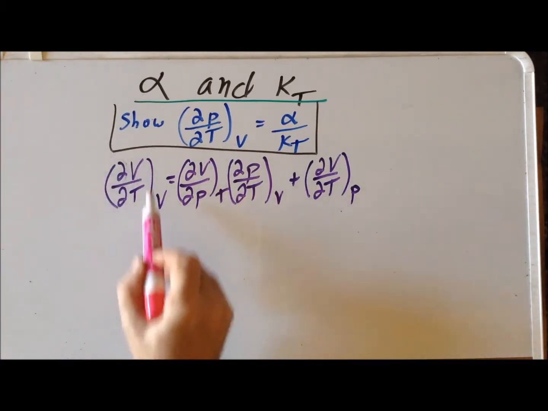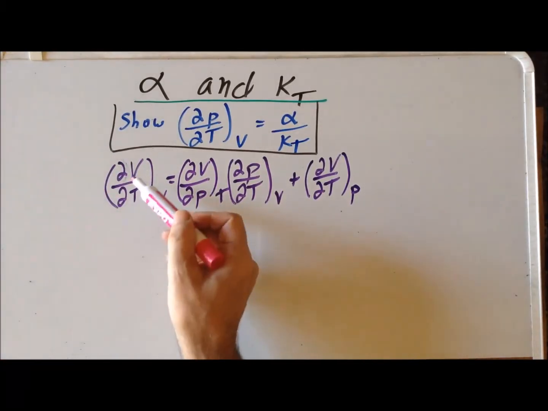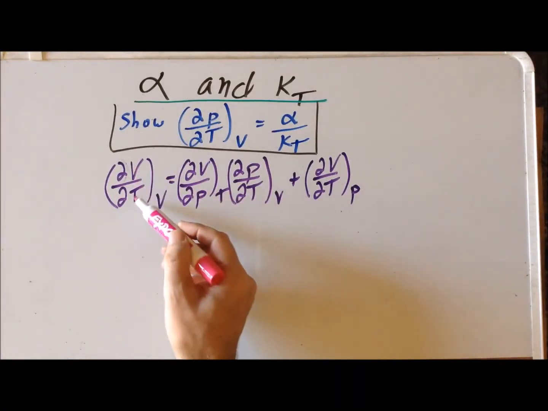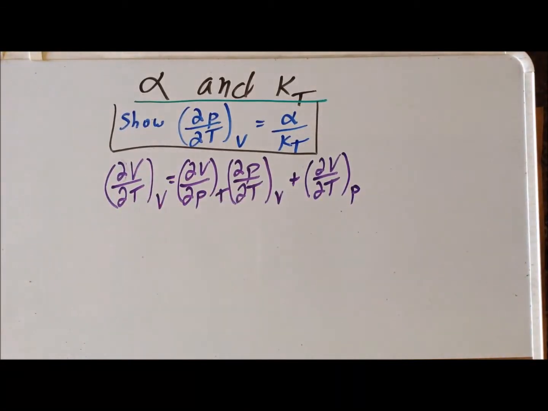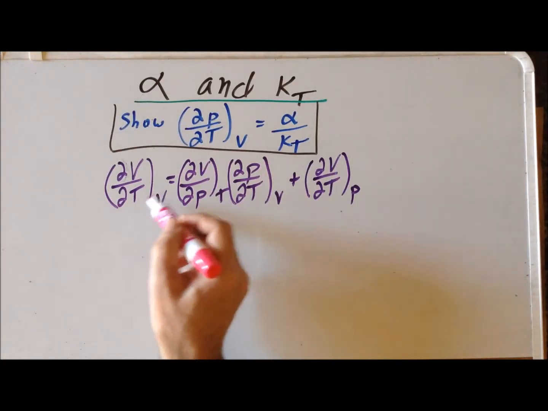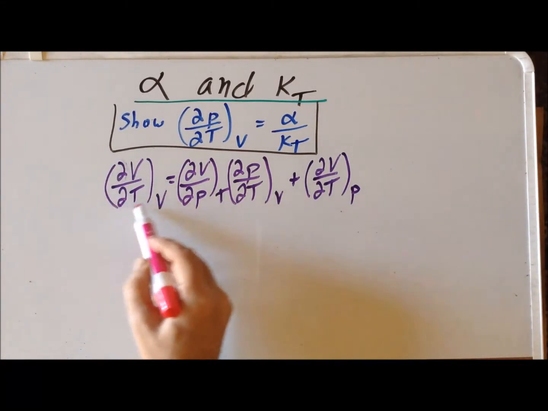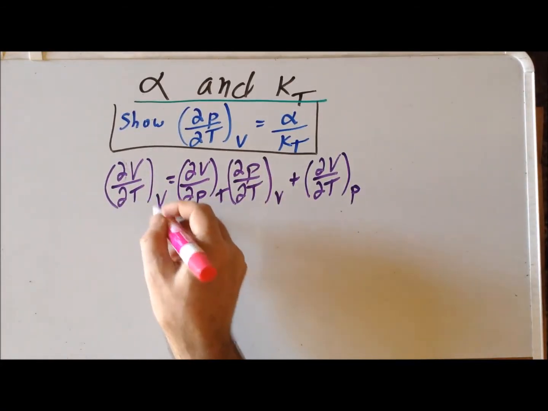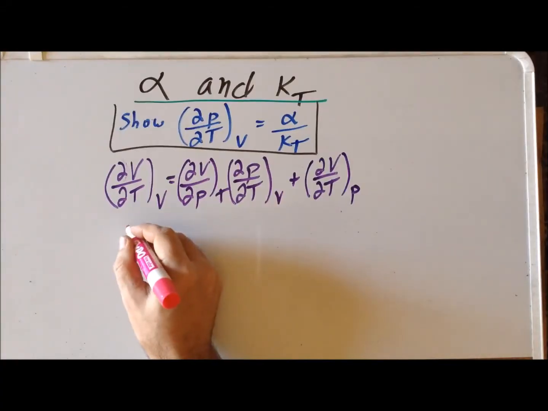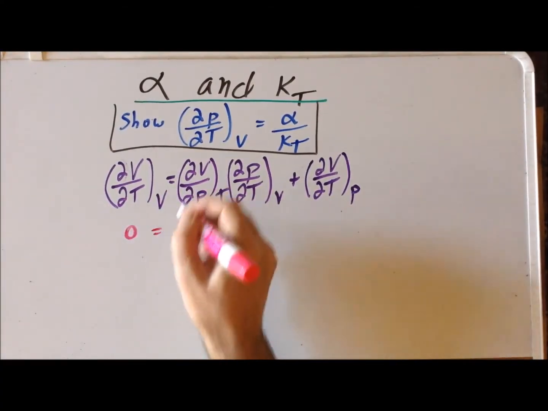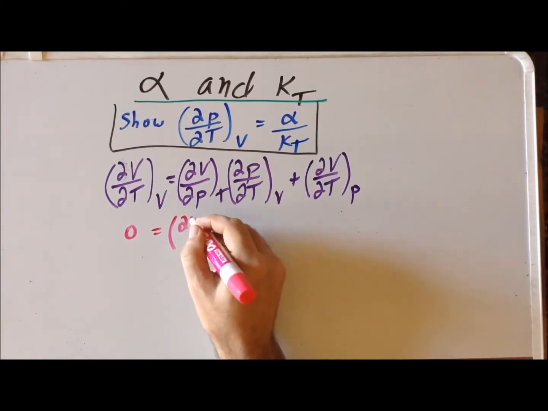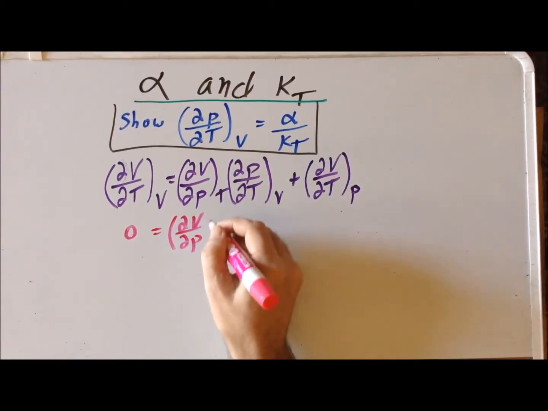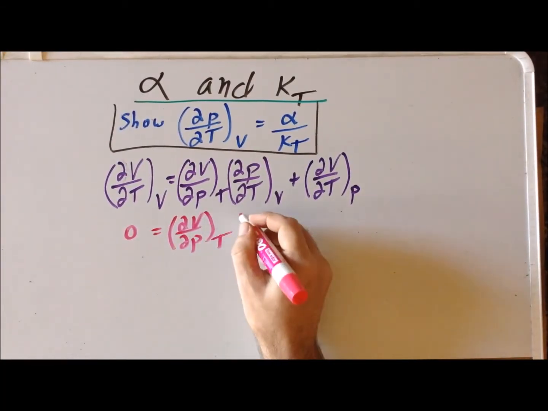This is a very interesting partial derivative. Notice the change in the volume with respect to the temperature under a constant volume circumstance. The idea that the volume is constant tells us this partial derivative has to be exactly 0. If you have a constant, then the change is equal to 0. So this is 0, and the rest of the expression we can write down as an intermediate step.